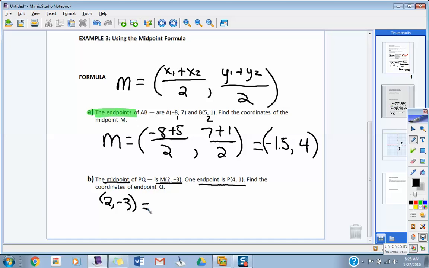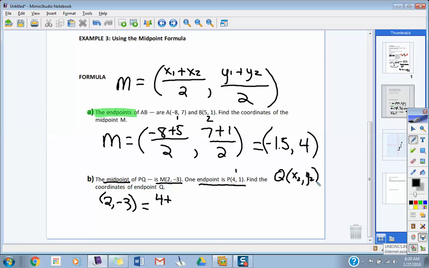It's equal to, all right, my x1. Do we have the first x value up here, kids? It is what? 4. So it's going to equal 4 plus, do I have the second endpoint up here, guys? Which is Q. Q is what we're trying to find. Q is really going to be that point x2 comma y2. That is what we are trying to find right there, that other endpoint.